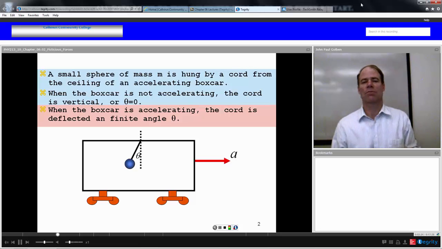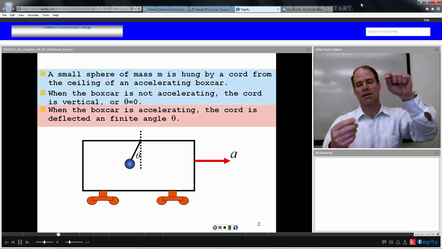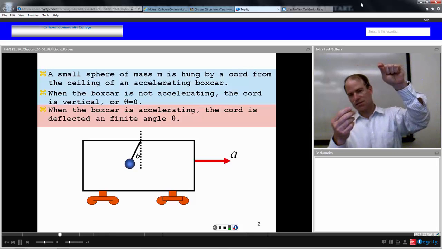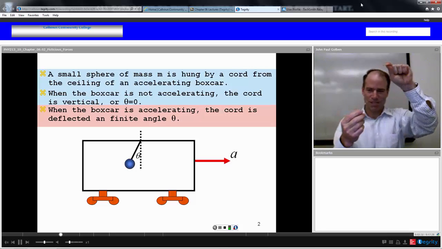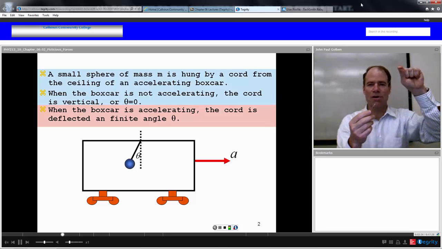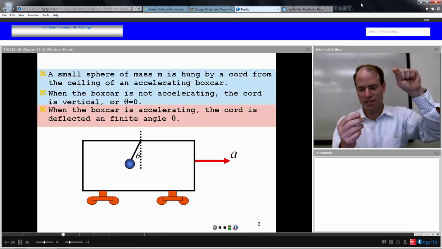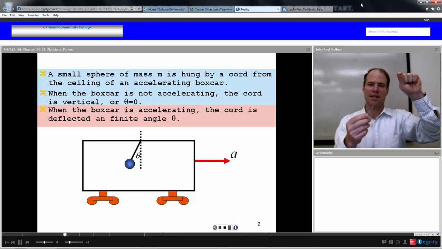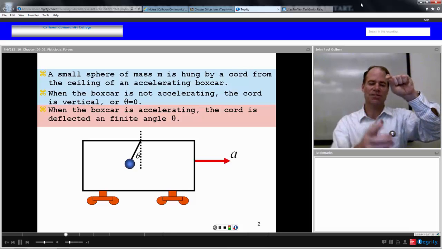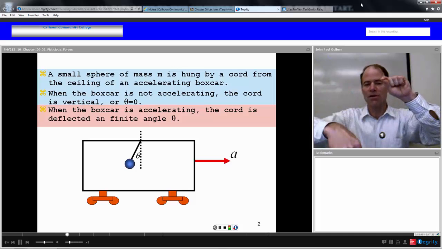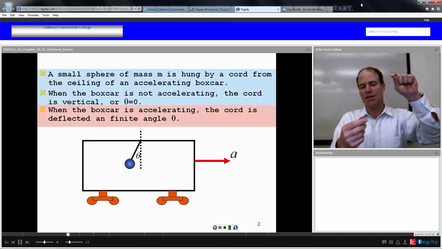All right. Well, let's say you're inside the boxcar and you're looking at this, and you say, well, from my perspective, this cord and this ball are stationary. They're really not moving, and they're kind of off to the side like this. And I know that there's tension in this cord, and it's going like this. And I know that there's gravity going down towards the center of the Earth, mg.